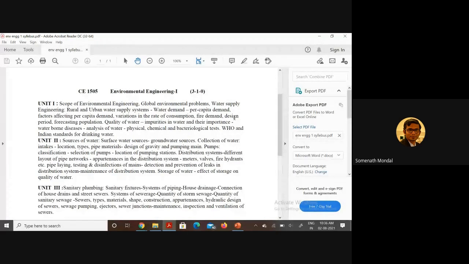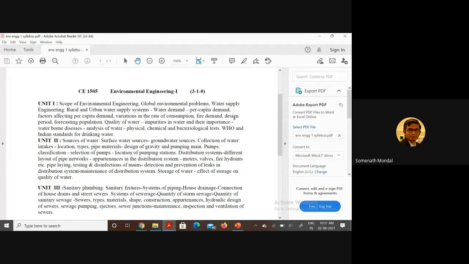We have several types of valves, and different types of water demands; for fire accidents we need to have some dedicated system. All these are aspects of the distribution system of water. So source of water, its transportation, storage, and distribution, those things we will be discussing in unit 2.